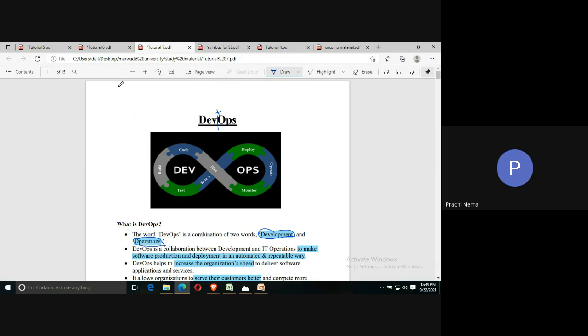When we talk about developing a software or any application or project, the whole team for developing this software is divided into two teams, one team is the development team and another team is the operation team. So the development team does all the work of coding, building, and then it releases and delivers this code, this project which it has built, to the operation team.